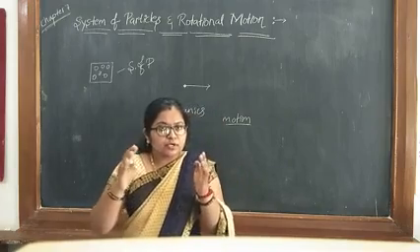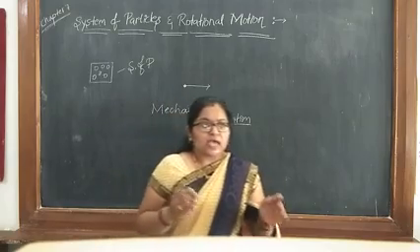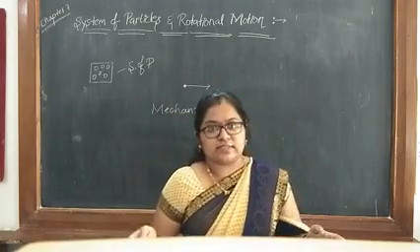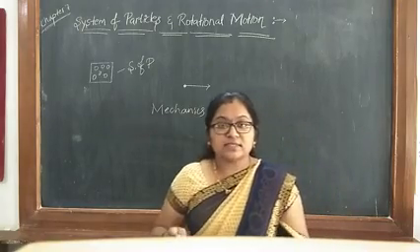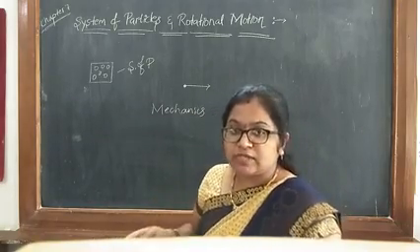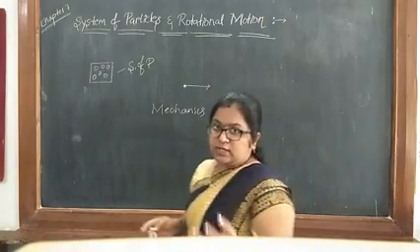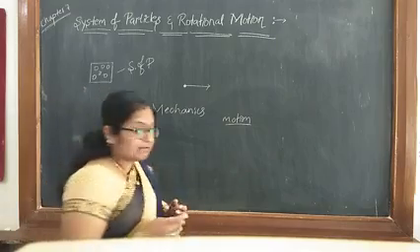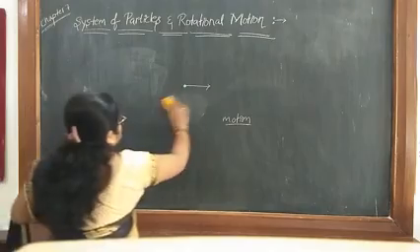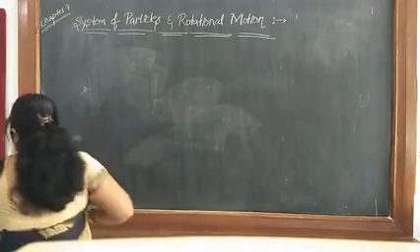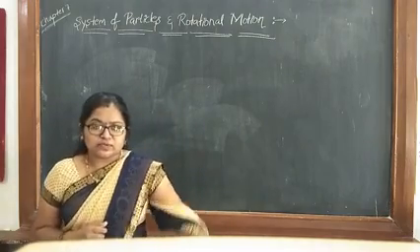Whenever you observe the different systems of particles in your surroundings, they exist in different states. The substances or matter exist in different states. That may be solid, liquid, or gas. You know very well the difference between solids, liquids and gases. In your previous classes or in your school time you have studied it.